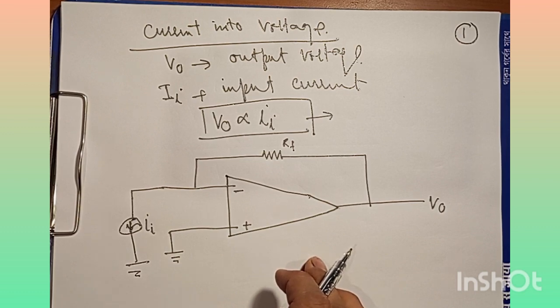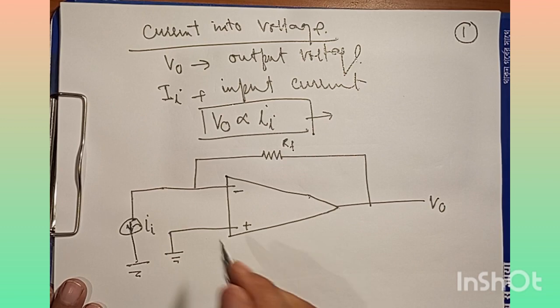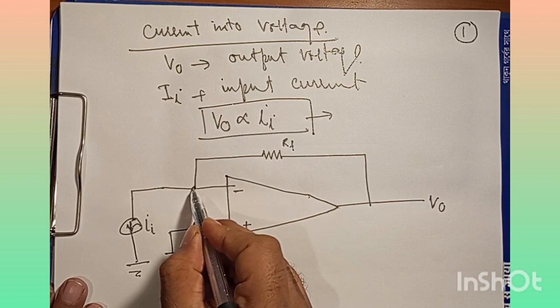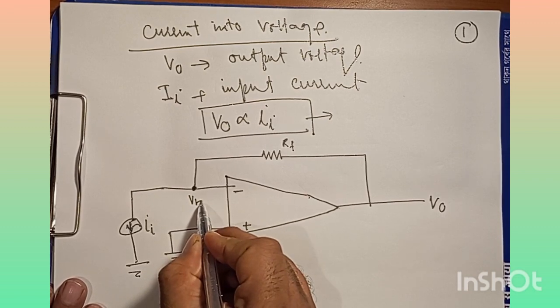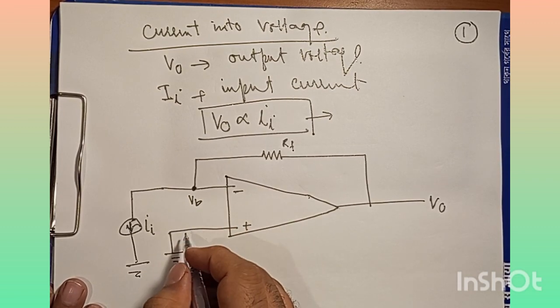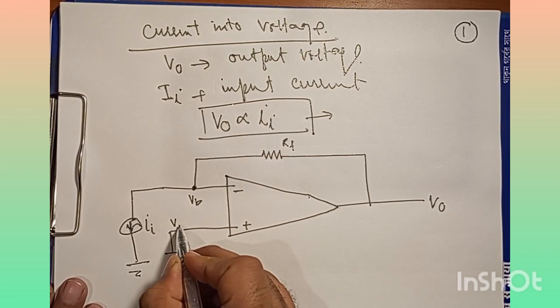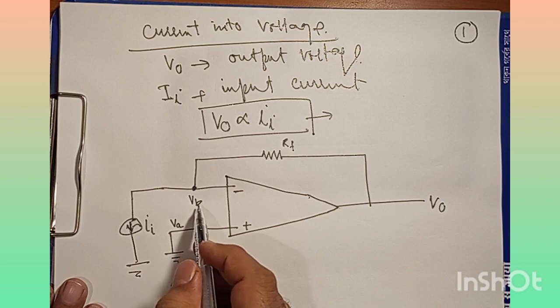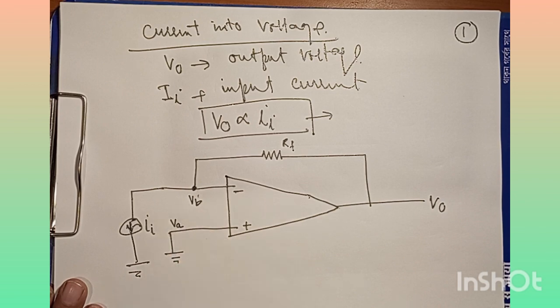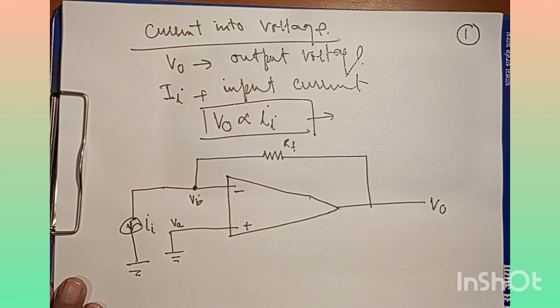To move on, let VA be the voltage at this point, and VB be the voltage at this point, right?